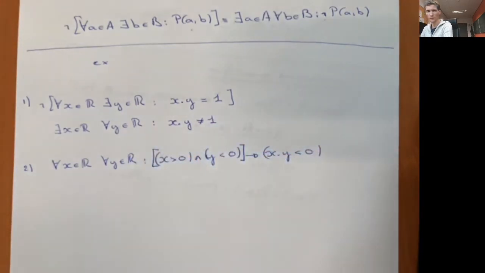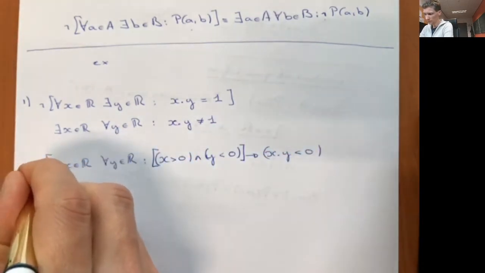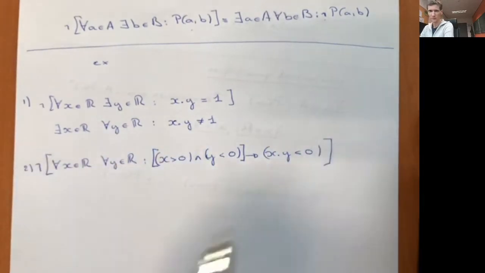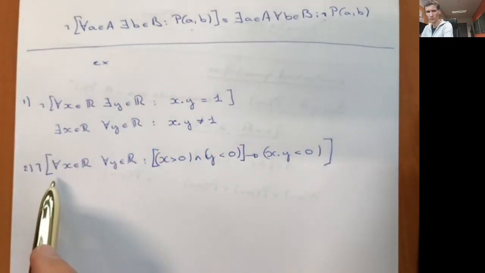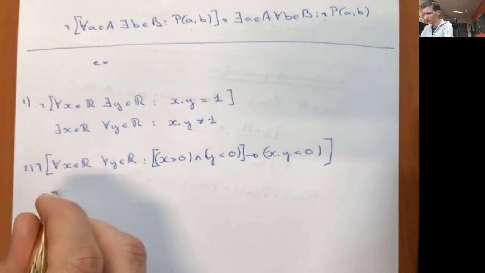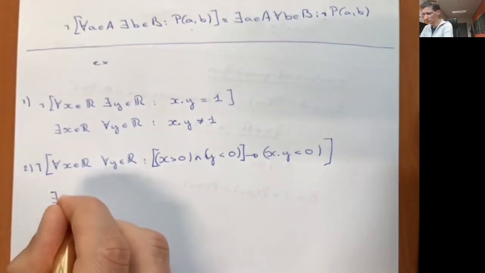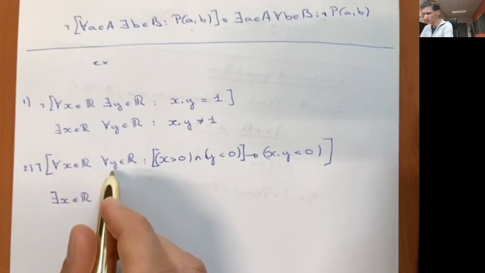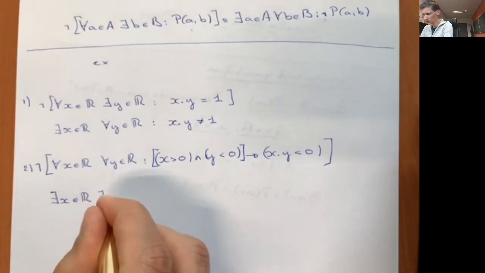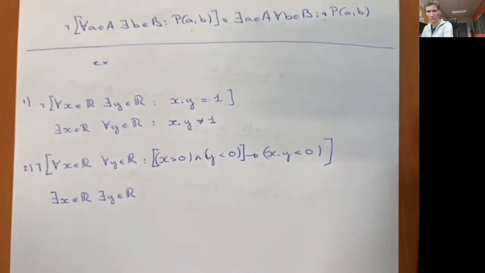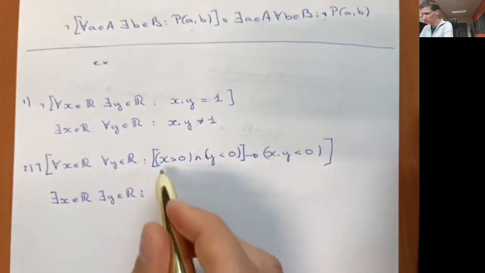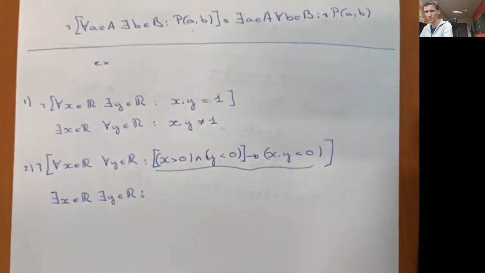Okay, so let's try to negate this entire formula here. What do we need to do? First we have to change the universal quantifier to an existential one. Also this becomes an existential quantifier, and then you have to negate this entire formula.